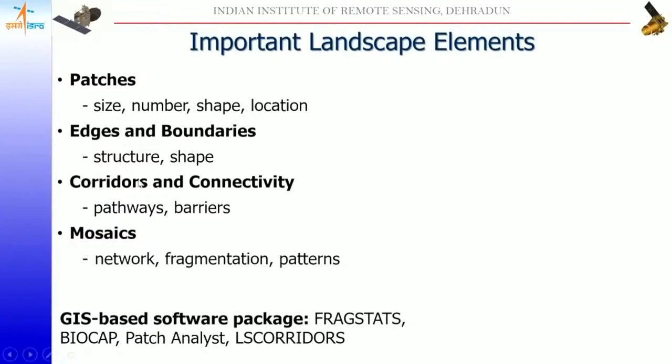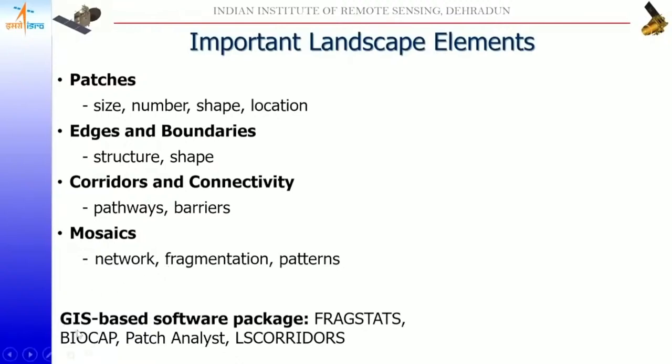So how the shape of the patch is, and another important element is the corridor and connectivity. So what are the different pathways of dispersion of the species, and what are the important barriers on that landscape which block the distribution or the movement of the species, and how these patches are distributed over the landscape and how much fragmentation is there.